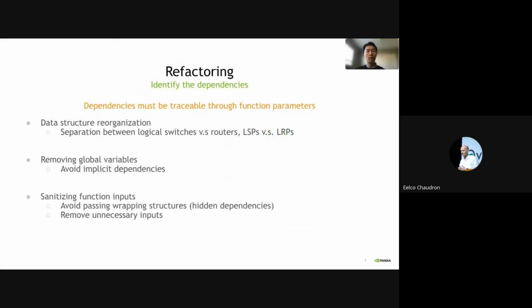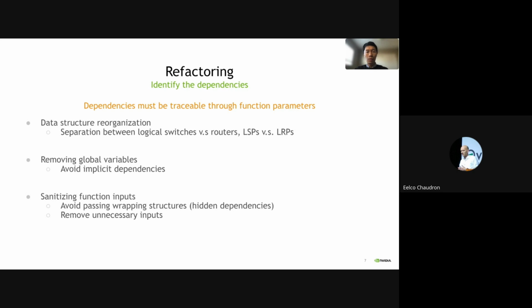So to implement more fine-grained incremental processing, the first thing to do was refactoring. The purpose is to identify the dependencies more clearly for the logical flow generation and other computations. To make the dependencies clear, we need to make sure they are traceable through function parameters.